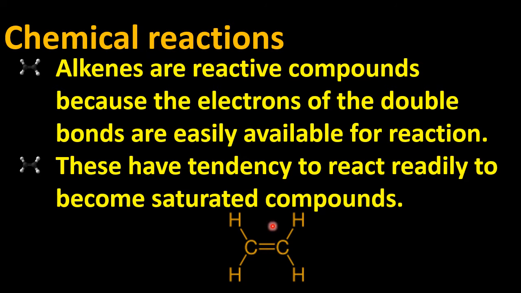So weaker overlapping is taking place. That's why pi bond is weaker and easily breakable. So when we break it, the free electrons will form a bond with other atoms, making this ethene more saturated, making this hydrocarbon more saturated.